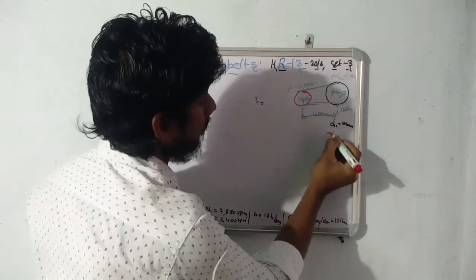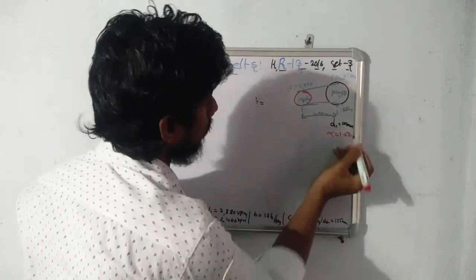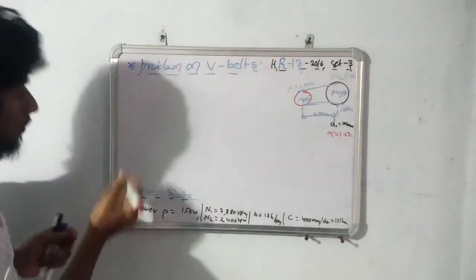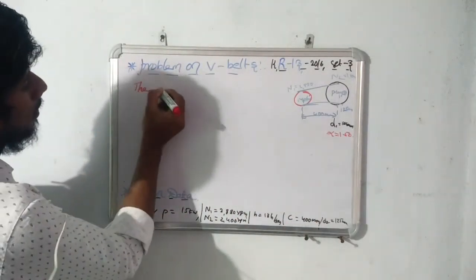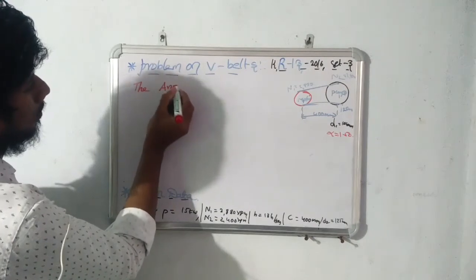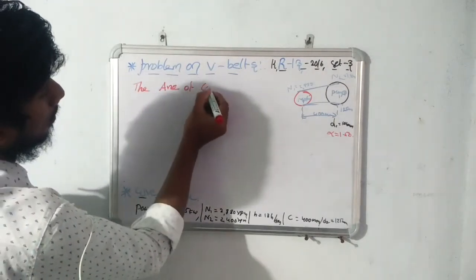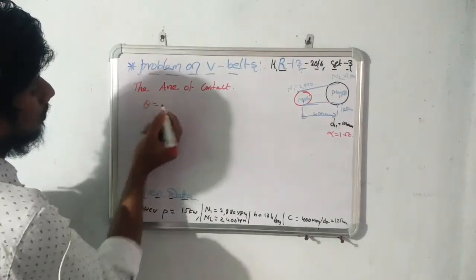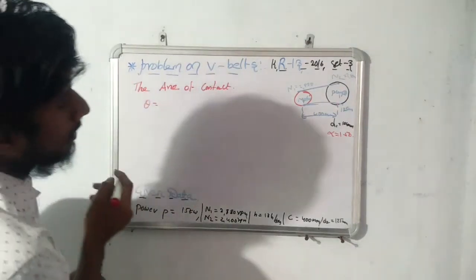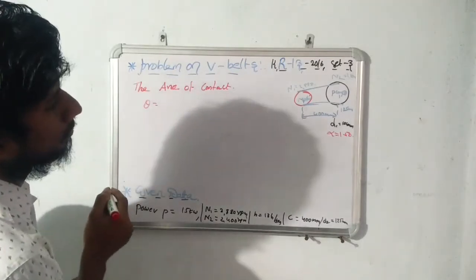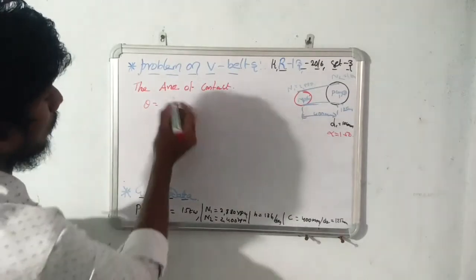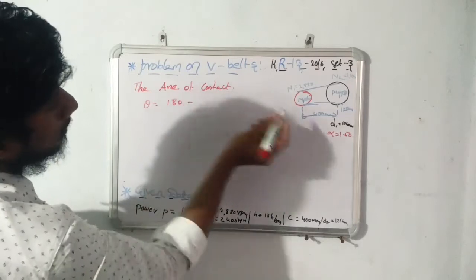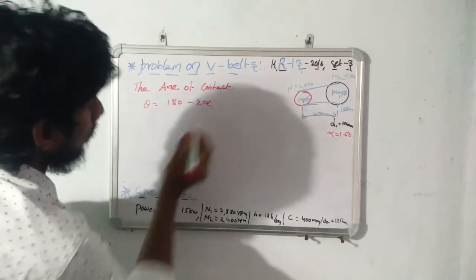Here, what about that alpha? That is equal to 1.50. The arc of contact, theta, equal to what we have defined, 180 minus 2 alpha.